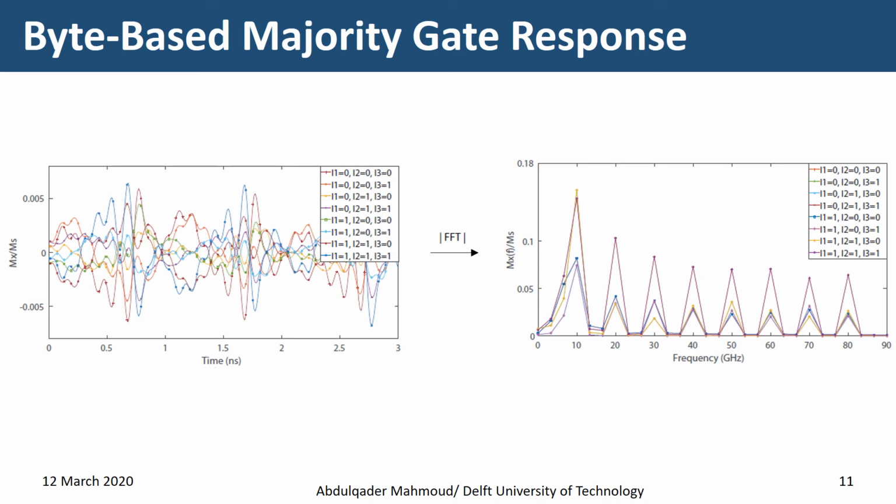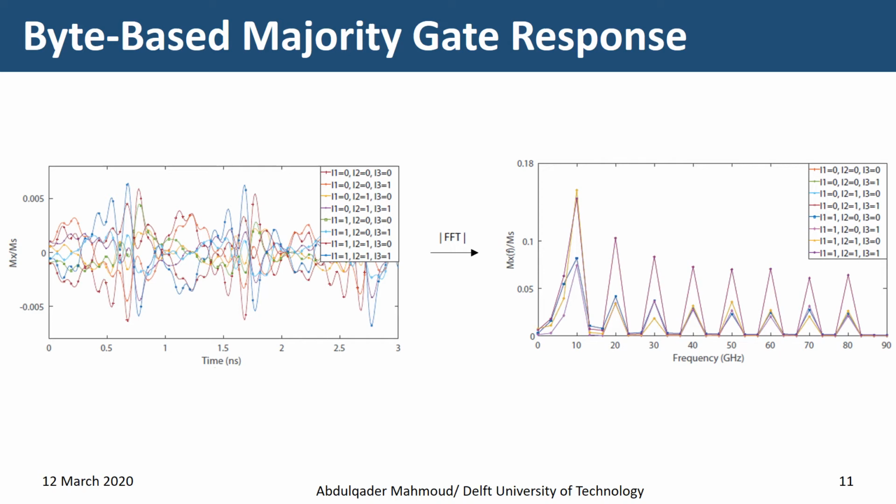Now we extracted the results from the object-oriented micromagnetic framework, and they are post-processed using MATLAB. As you can see here, each bit with a different frequency propagates in the waveguide without affecting the others, and only the spin waves with the same frequency interfere with each other.